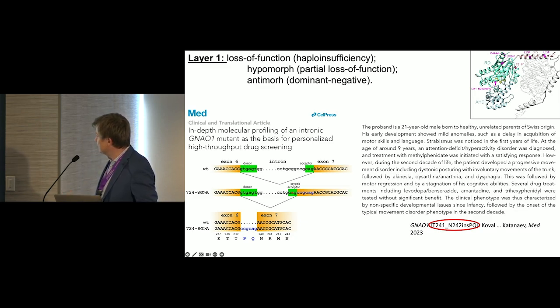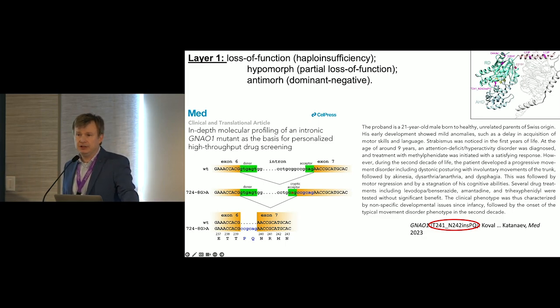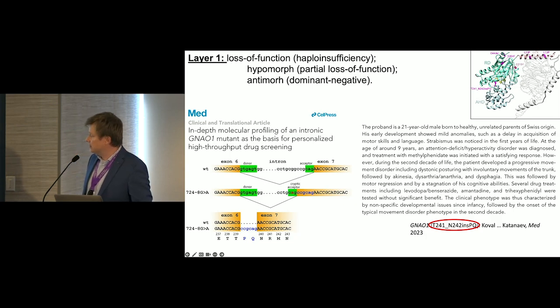It's located here. This mutation is seen quite often in the GNAO1 population, and in the patient we studied, it's actually the only Swiss patient identified so far. He is currently 21 years old. He is doing largely fine, except he has a slight dystonia and a slight delay, but really slight.